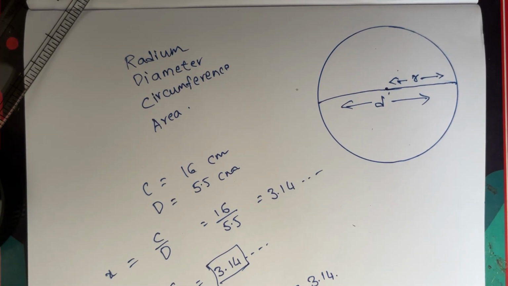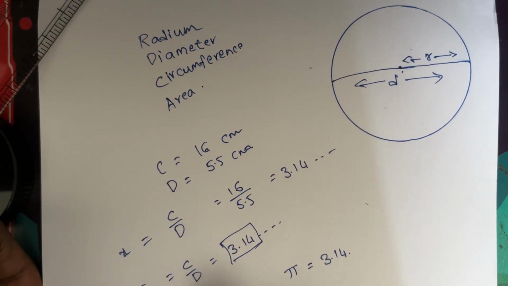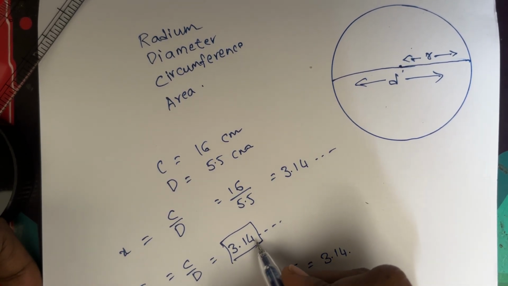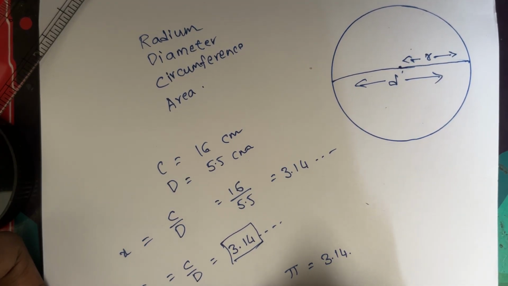If pi is 3.141 and so on, why do schools teach us 22 by 7? We also use pi as 22 by 7, right? Then why? Because we have identified it's 3.14. Just imagine the value of 22 divided by 7. It is again 3.14 and so on.